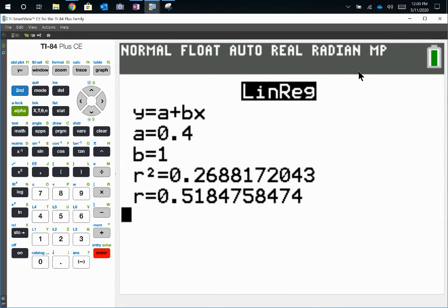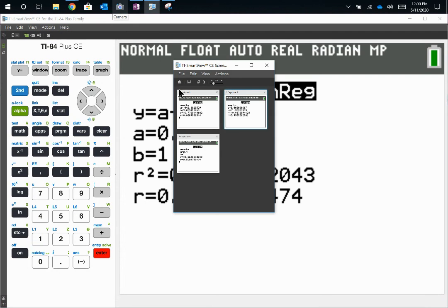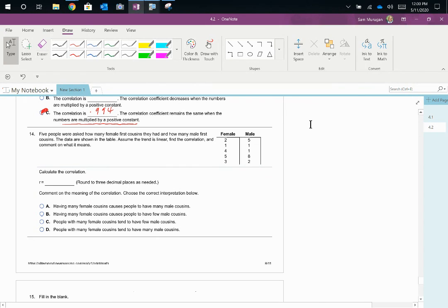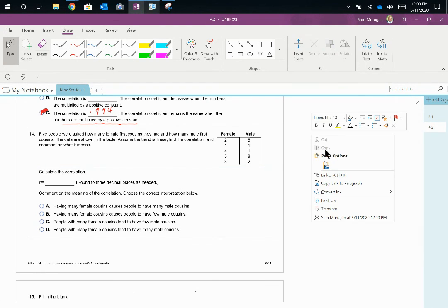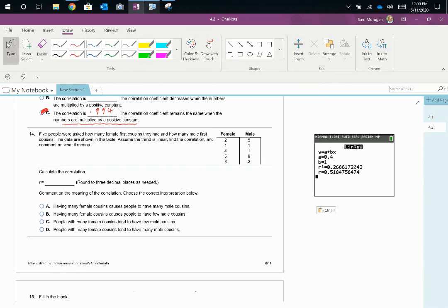Okay, so now we can see that we have a correlation coefficient of 0.518. I want to go ahead and copy that and put it into our notes. Actions, capture the screen, copy, paste it into the notes. And they're asking for this in 3 decimal places, so 0.518.